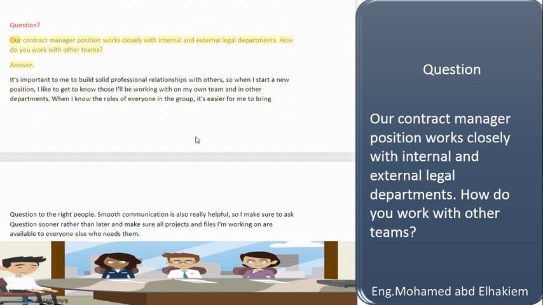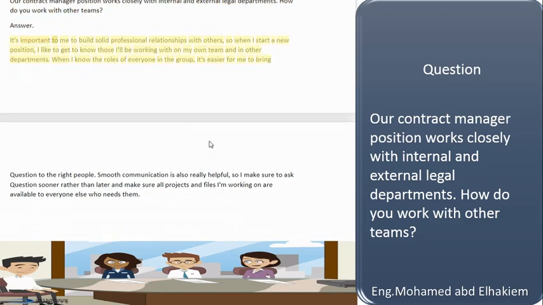Question: Our contract manager position works closely with internal and external legal departments. How do you work with other teams? Answer: It's important to me to build solid professional relationships with others, so when I start a new position, I like to get to know those I'll be working with on my own team and in other departments.